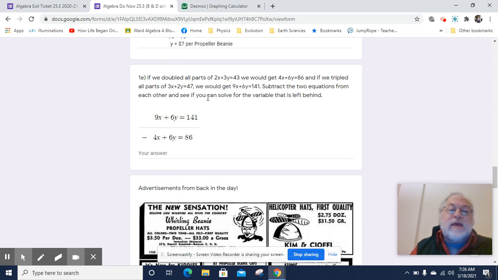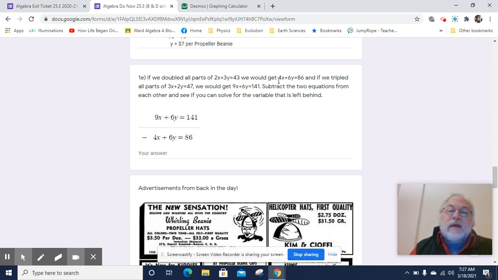Now we can do the same thing to get the y coefficients to match. We'll be able to get the y coefficients to match since the least common multiple of 3 and 2 is 6. So I'm doubling this equation. Now you may notice I rearranged the order here.